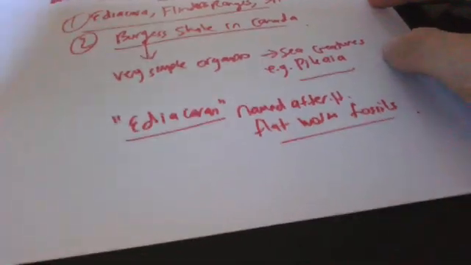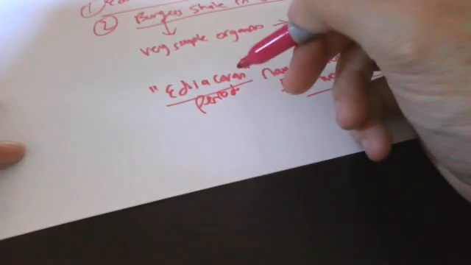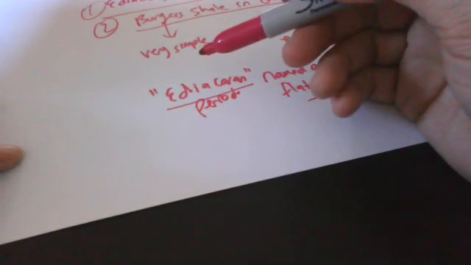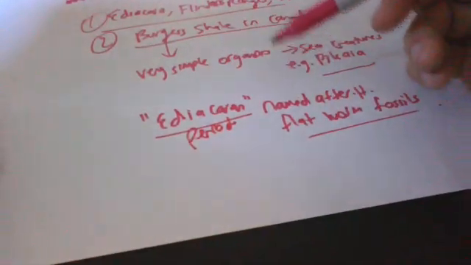And the Ediacaran period was actually the first new geological period to be named in the past 120 years. The first ever period to spring from the southern hemisphere, right?